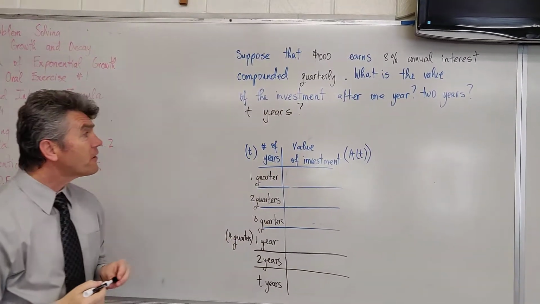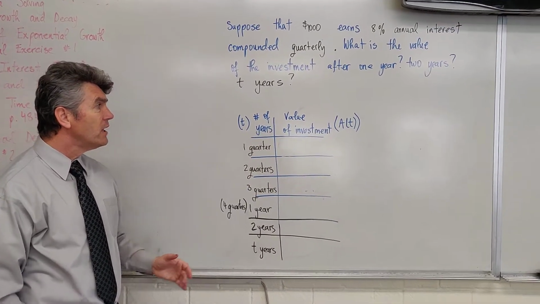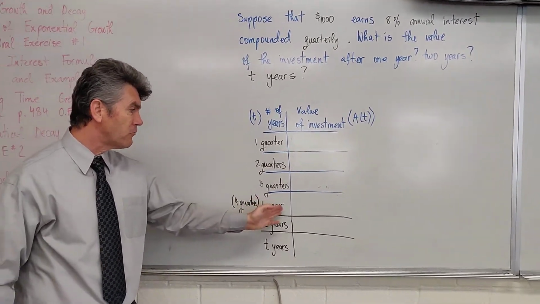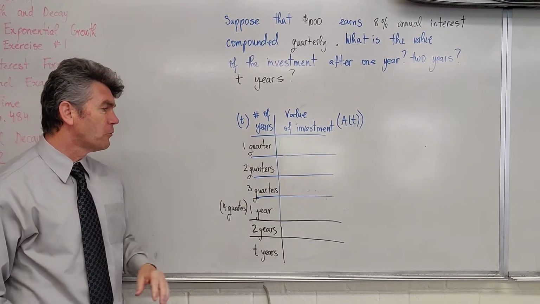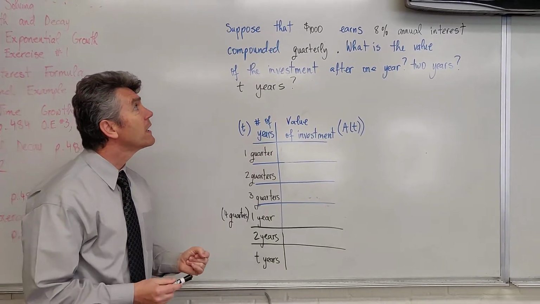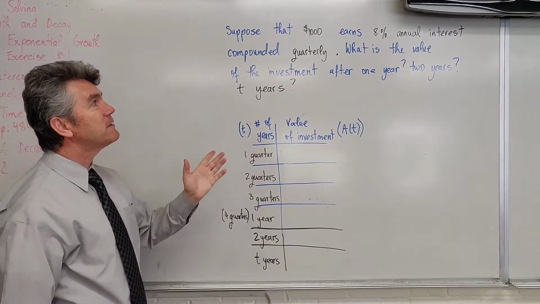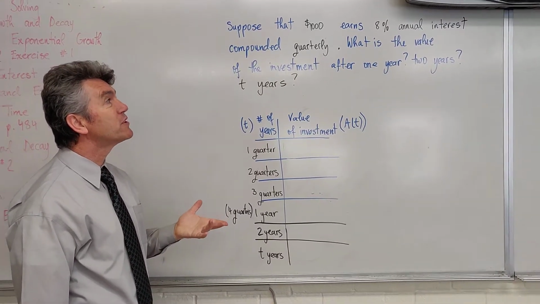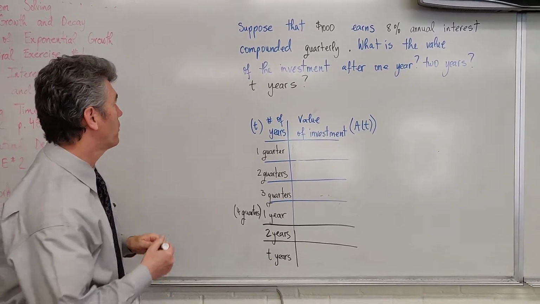years. To figure out how much money there's going to be in the investment after 1 year, instead of jumping straight to 1 year, we're going to look at 1 quarter, 2 quarters, 3 quarters, see a pattern, and take it from there. So, we start. If our investment earns 8% annually, how much is it going to earn in a quarter?